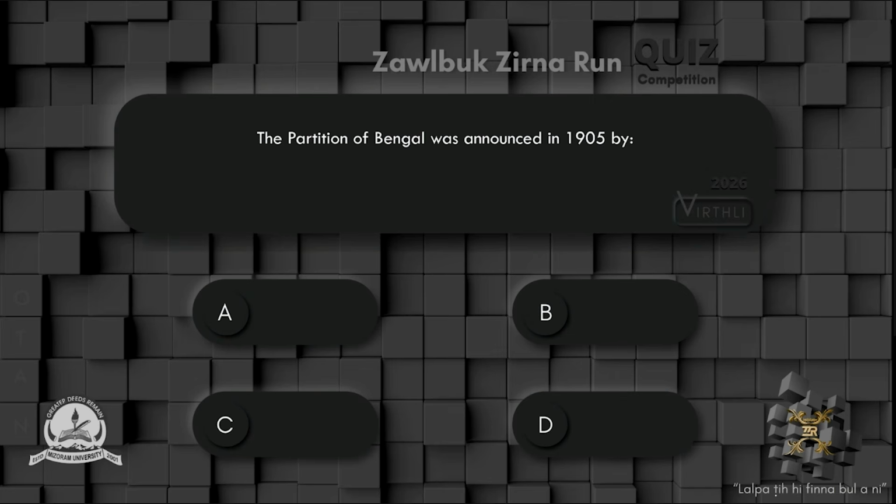Table 2, this is your fifth question. The partition of Bengal was announced in 1905 by A. Lord Hardinge, B. Lord Chelmsford, C. Lord Curzon, and D. Lord Minto.